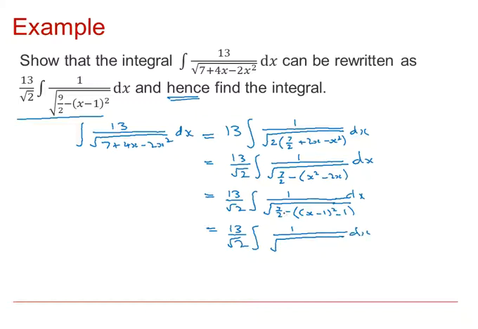So I've got 7 over 2 minus 1, which is 9 over 2 minus x minus 1 squared, which is the form required. So we've already made some good headway with this problem, and we've got it into the form from which we should be able to do the integration.